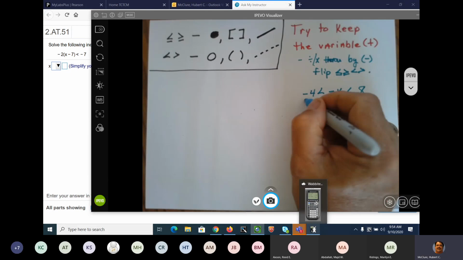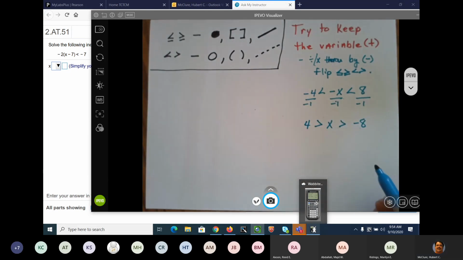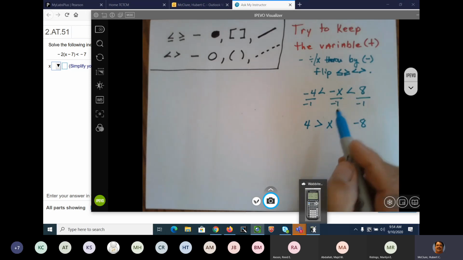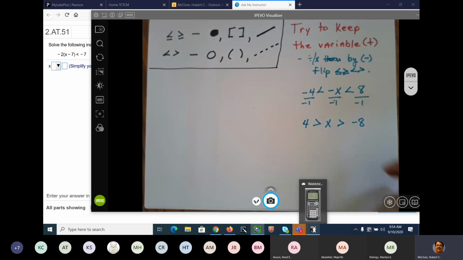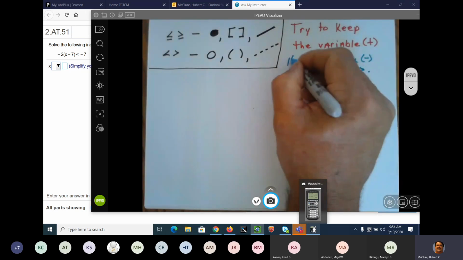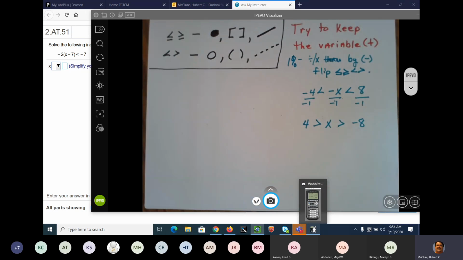X, and then you have to flip -8 and 4. Okay, that is why I tell you to keep the variable positive so you don't have to worry about this. Now, 1% of your questions will be like this, and you can't do anything about it. But the other 99%, you're going to try to keep the variable positive.